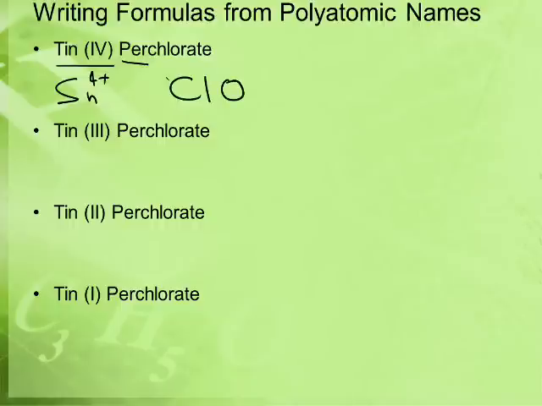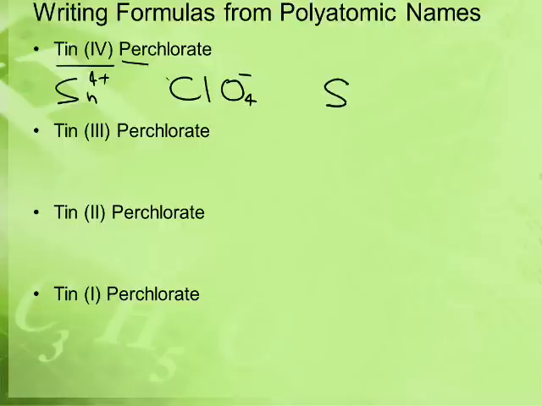If you can remember the chlorates go from 1, 2, 3, 4. The hypochlorite is the 1, the chlorite is the 2, the chlorate is the 3, and the perchlorate is the 4. And that has a charge of minus.